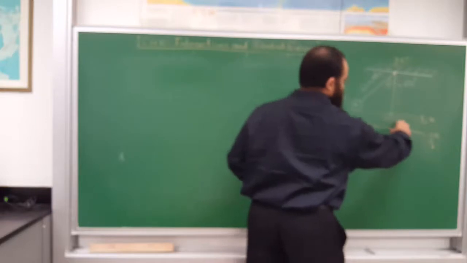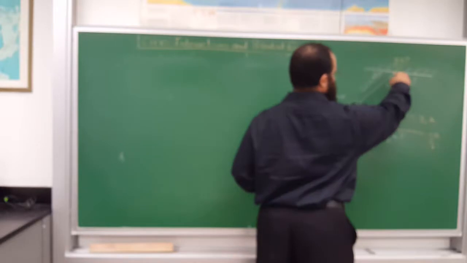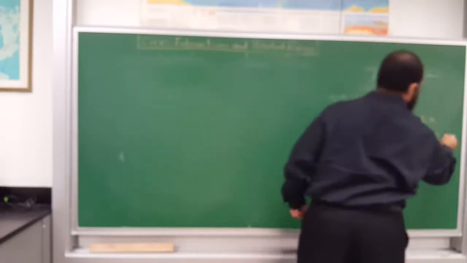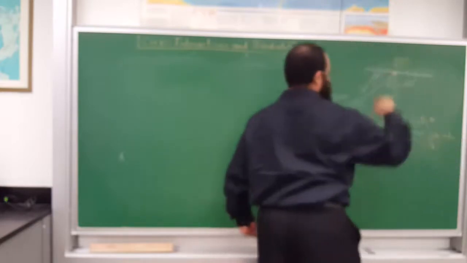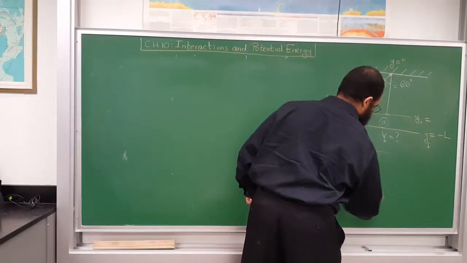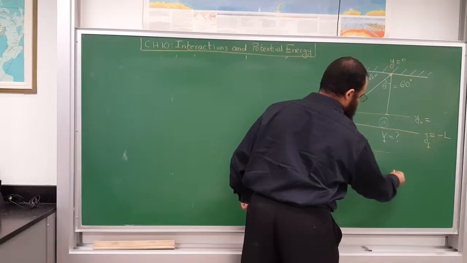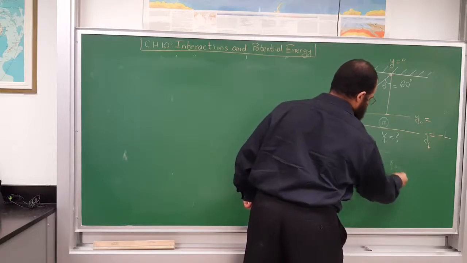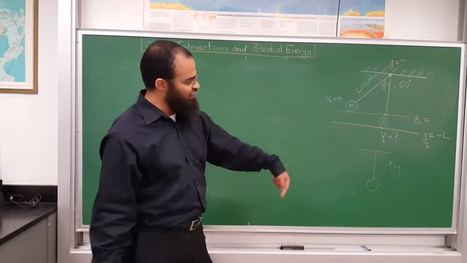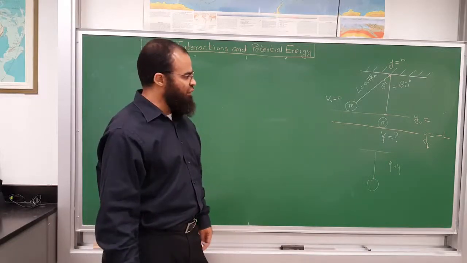When the mass comes all the way here, y final is the whole length, but it's below. Y0 is here, that's the positive, and this is the negative. So it will be negative L, negative the length of the string. If it's just hanging, from here to here it's L, but I'm defining this as the positive y, and so this will be negative L. We could also define the positive to be downward, but that's unusual, so I would just stick with upward to be positive.